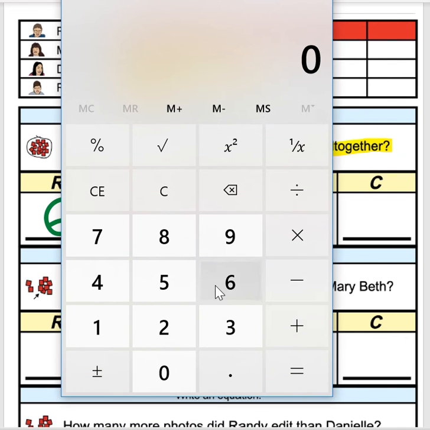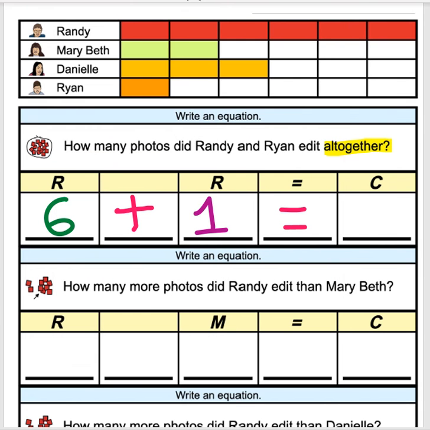So we're going to put 6 plus 1 equals 7. So we were correct. Our answer is 7. Ryan and Randy have 7 photos altogether.